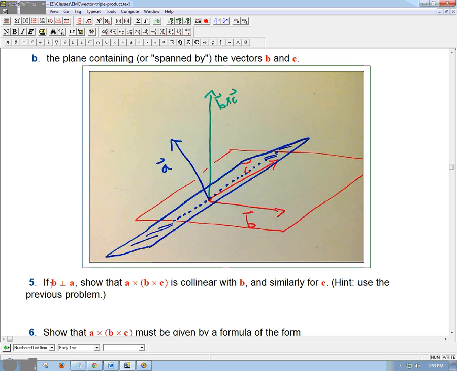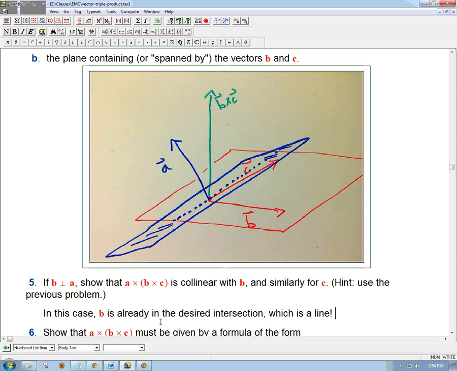Well, what if B is already perpendicular to A? Okay, so in this case, the vector B is already in the desired intersection, which is a line. Now let me see if we're being careful enough.